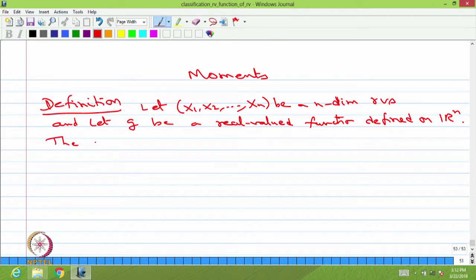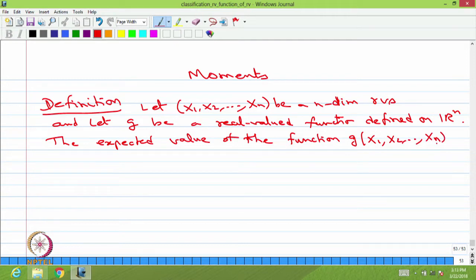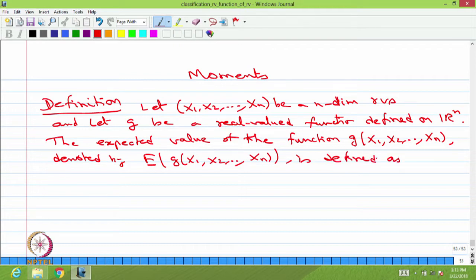The expected value of the function g of X1, X2, and so on, Xn, denoted by expectation of g of X1, X2, and so on, Xn, is defined as follows.